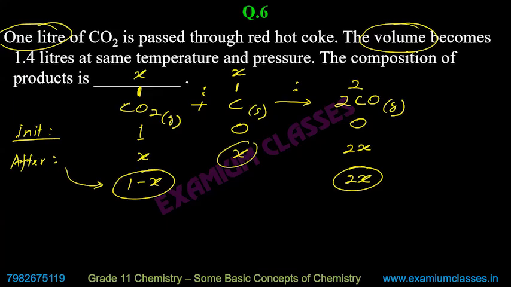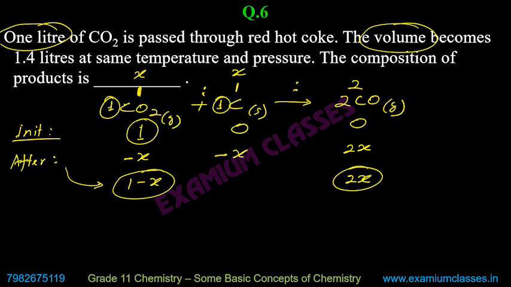Sir, please explain this again. Yes. Initially, you had 1 liter of carbon dioxide before reaction. So up to here, is that clear? Yes, sir. Okay. After that, X got consumed. Here also X will get consumed because the stoichiometric ratio is 1:1. So both same amounts will be consumed.